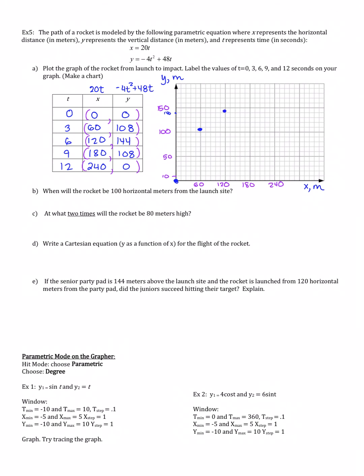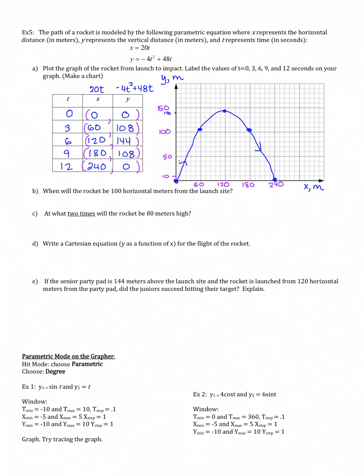Then we have 180, 108. So you have that symmetry going on. And then 240, 0. And again, if I connect those dots, so we started there, and as time is going, each dot represents one of those times. And then I'm going to put my little arrows on here to show the direction that we're traveling in.